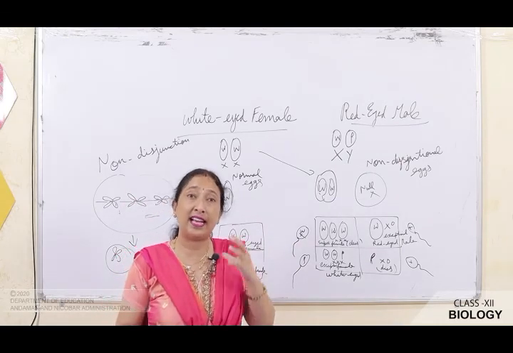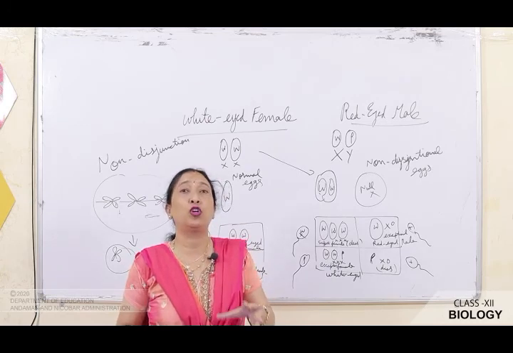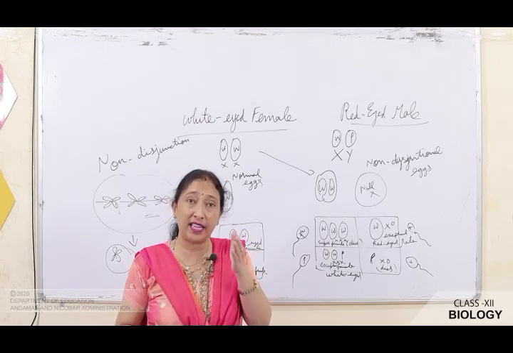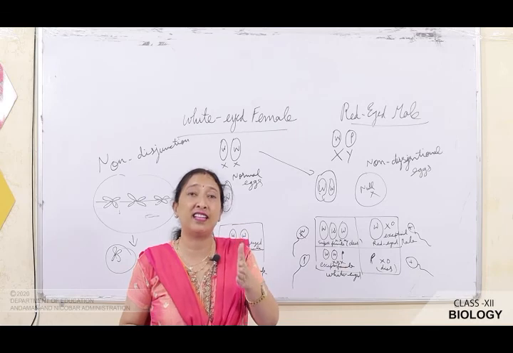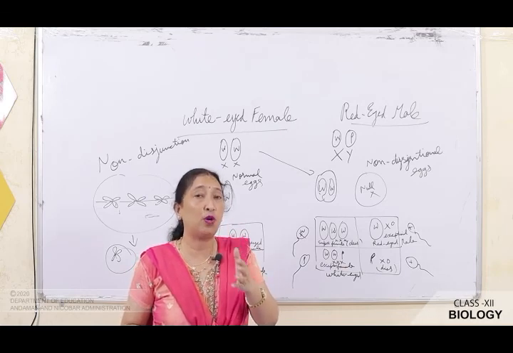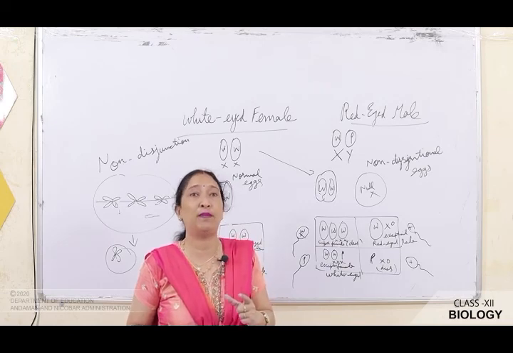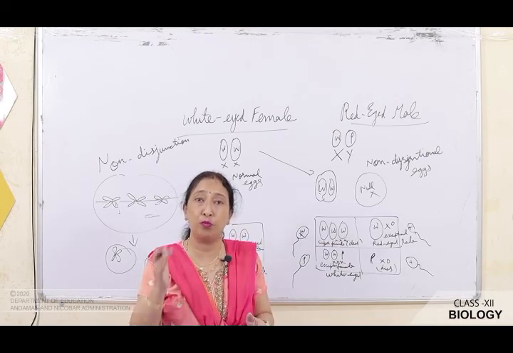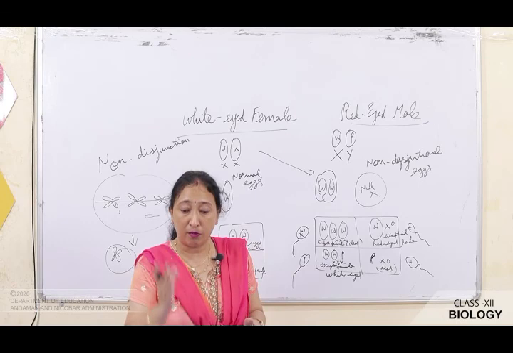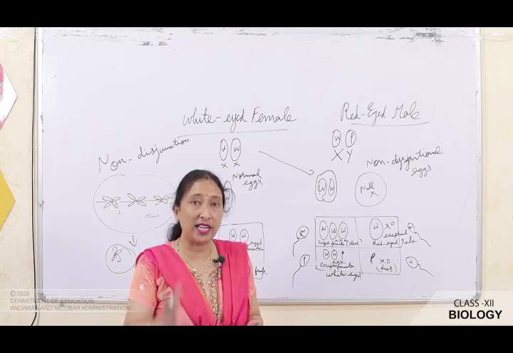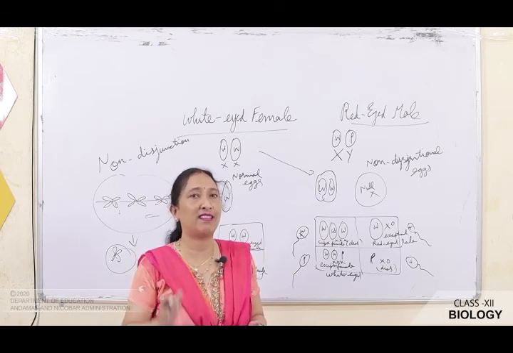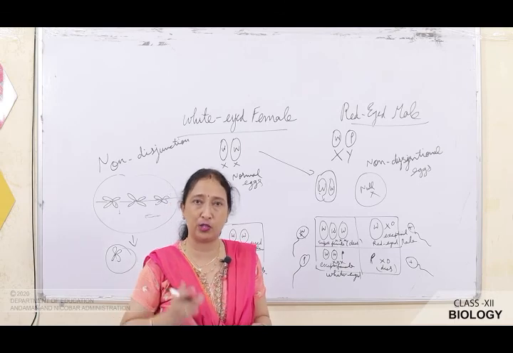Hence he was able to prove the chromosomal theory of inheritance, that yes, linkage takes place, because due to non-disjunction the chromosomes failed to separate. They were able to provide proof that what Sutton and Boveri had said is very true, and this is how the chromosomal theory of inheritance carries on.